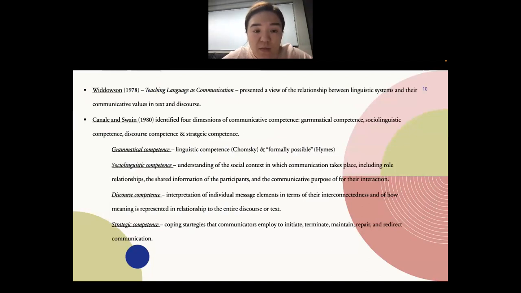Then discourse competence: interpretation of individual message elements in terms of their interconnectedness and of how meaning is represented in relationship to the entire discourse or text. Then we have the last competence, the strategic one: coping strategies that communicators employ to initiate, terminate, maintain, repair, and redirect communication.